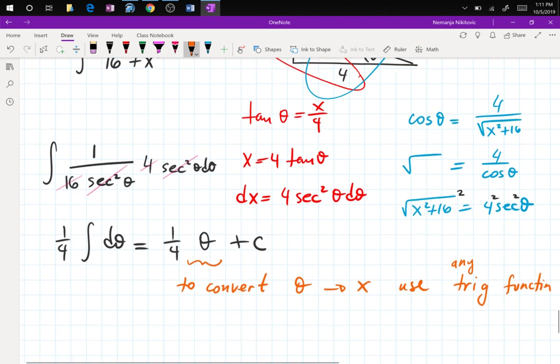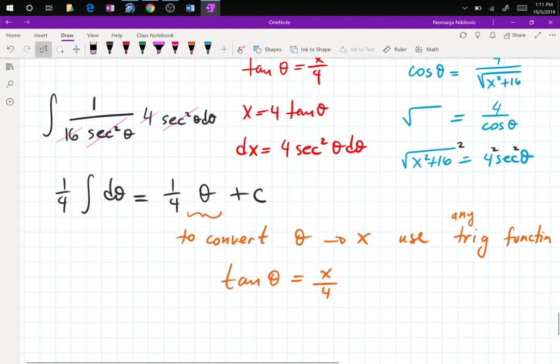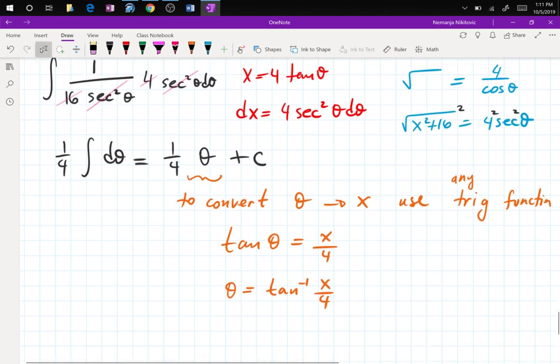Now we already have that the tangent of theta is x over 4. That means that theta is equal to the inverse tangent of x over 4. So plug that in and we get 1/4 tangent inverse of x over 4 plus c, as we have foreseen with our formula.